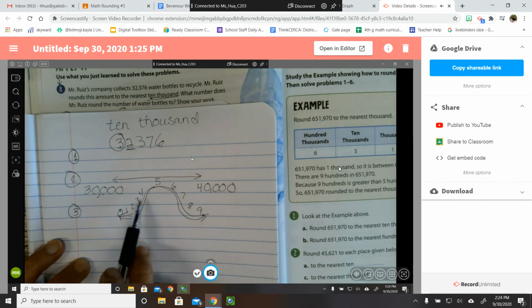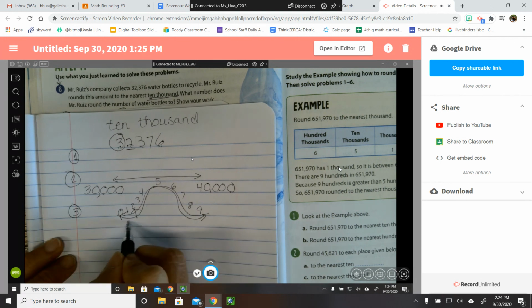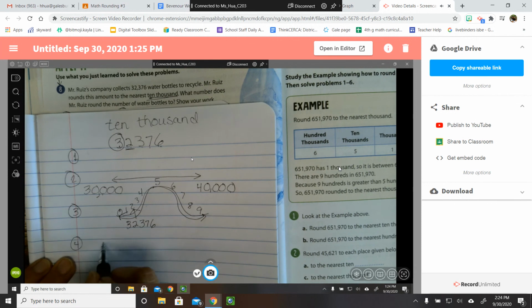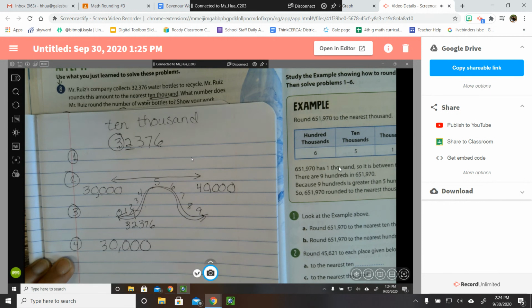So where does the 2 fall in this bell curve? The 2 is right there. So 32,376 is right there. So it's closer to 30,000. Here's step 4. It's your answer. It's 30,000. Does that make sense?